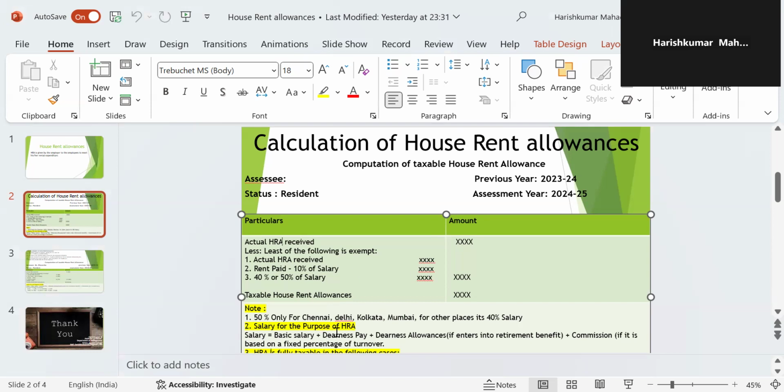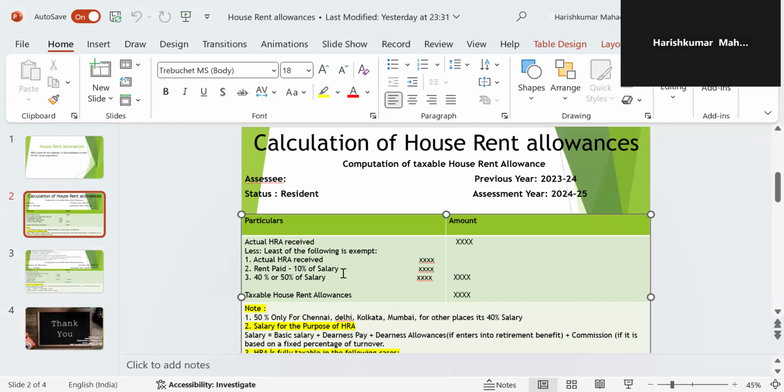Now, what is salary for calculating HRA? Because in this income tax chapter, the definition of salary will change in different situations. For example, if you want to calculate taxable HRA, you have a different formula.